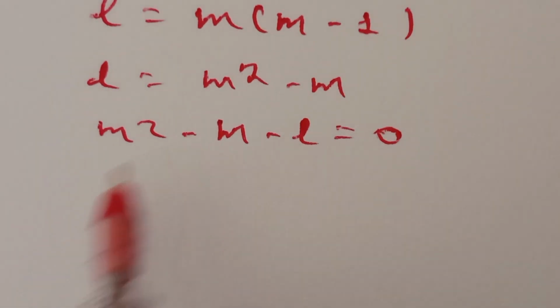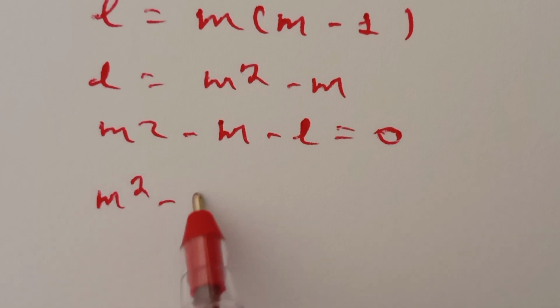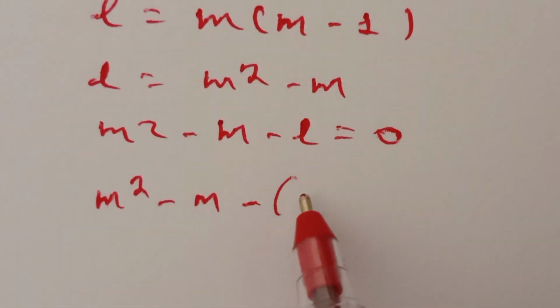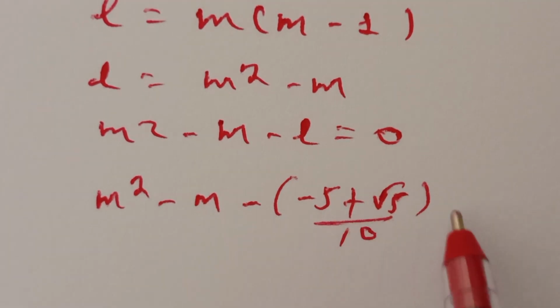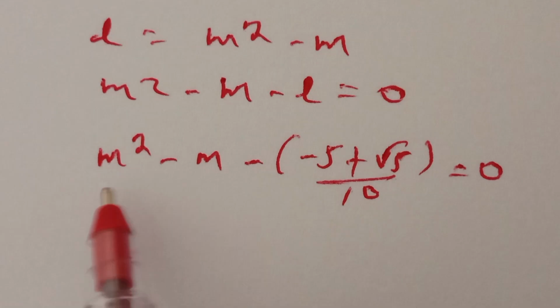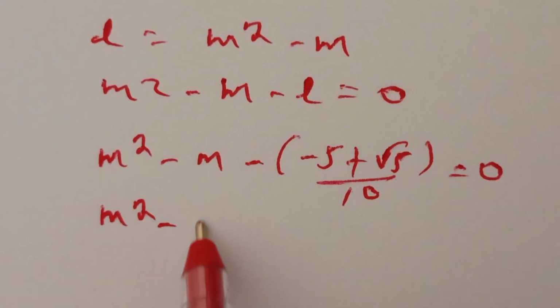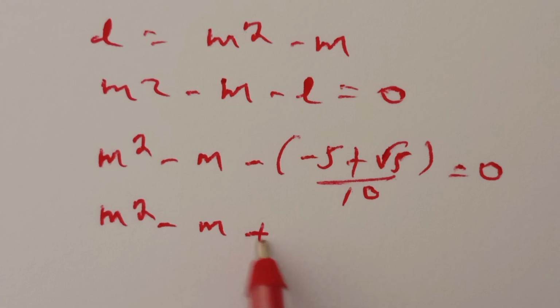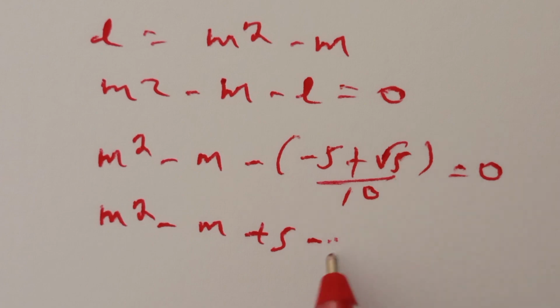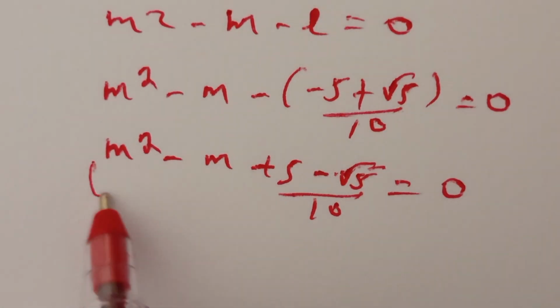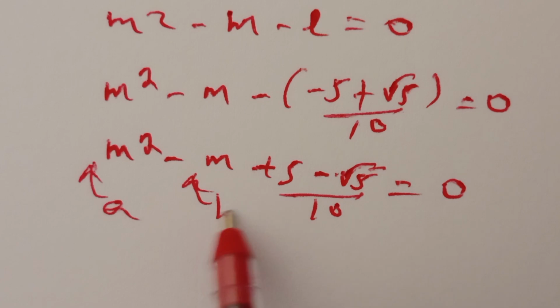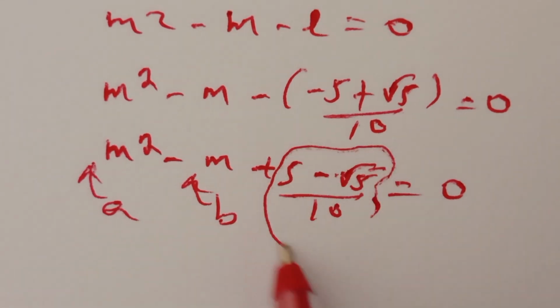So this m squared minus m minus L means that minus (minus 5 plus root 5 over 10) is equal to 0. So this m squared minus m, this minus minus plus 5, and this plus becomes minus, this times this, so root 5 over 10 is equal to 0. And here is a, here is b, here is also c.